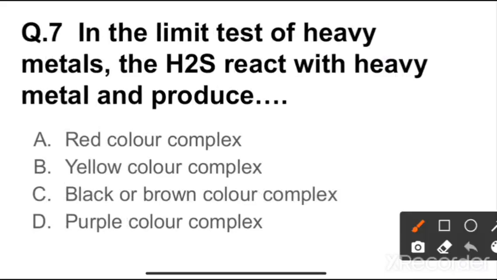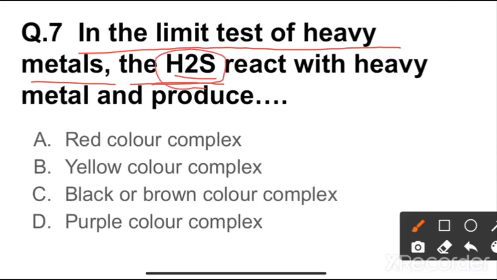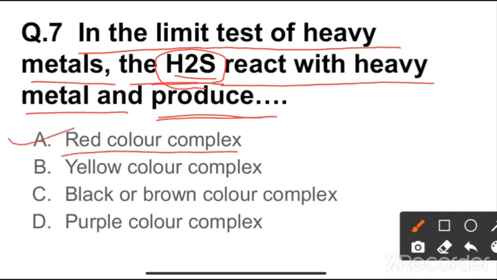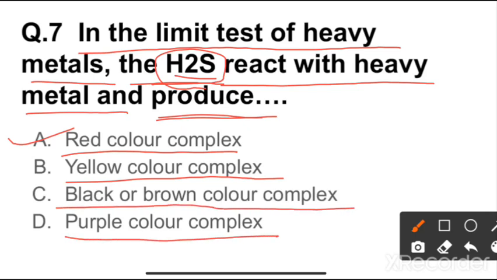Next question is, in the limit test of heavy metals, the hydrogen sulfide, that is H2S, reacts with heavy metals and produces: first option is red color complex, second is yellow color complex, third is black or brown color complex and last is purple color complex.